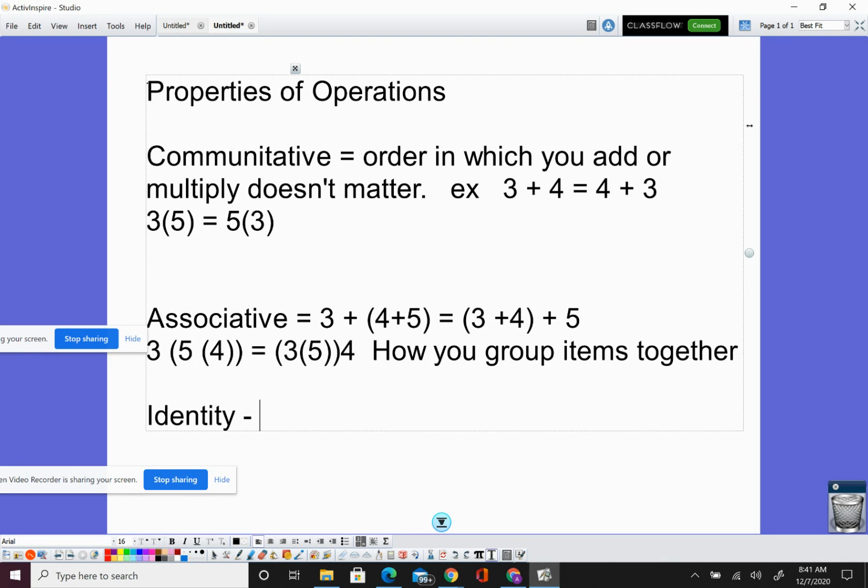Yeah, and I'm thinking of more in terms of just in general, you have your own identity and that doesn't change, right? So when you're looking at the additive identity, what do you add to a number that doesn't change it?